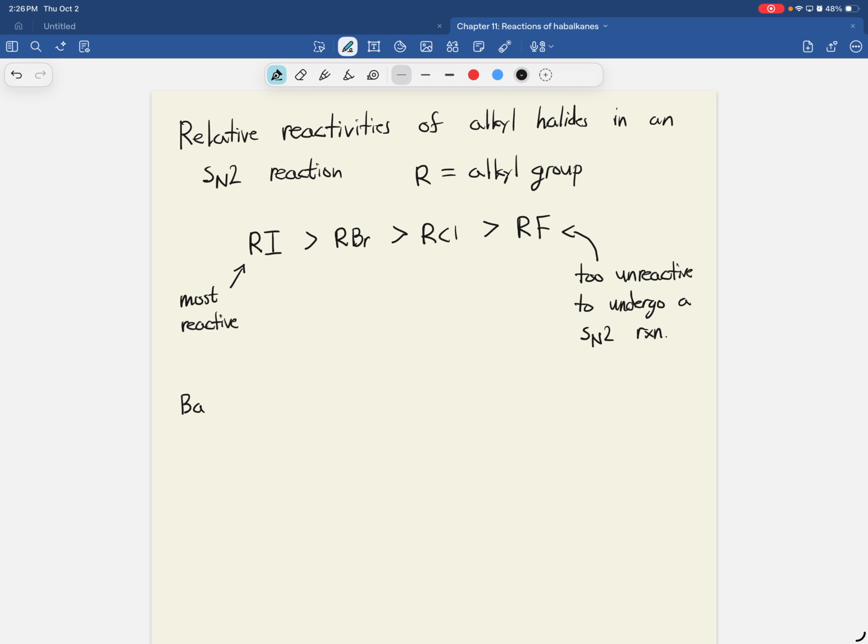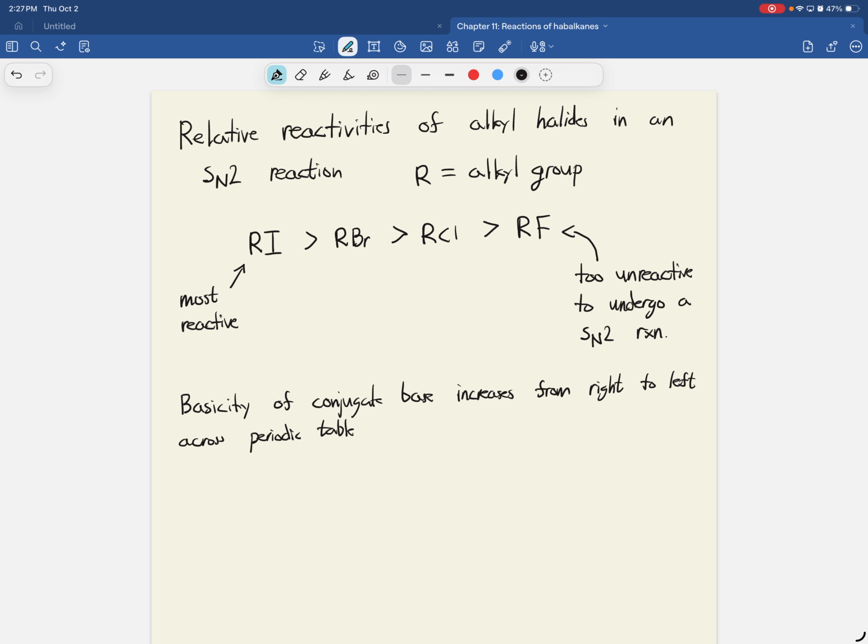So here, basicity of conjugate base increases from right to left across the periodic table.